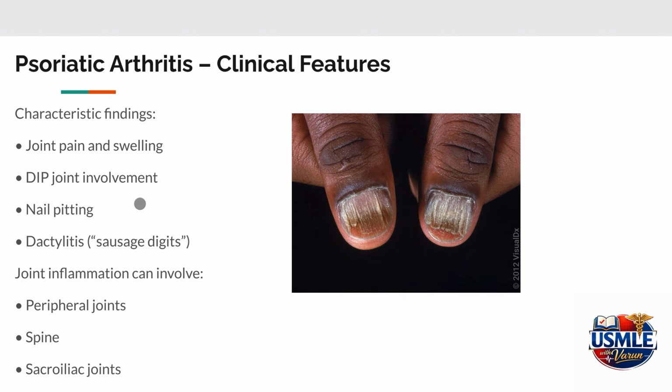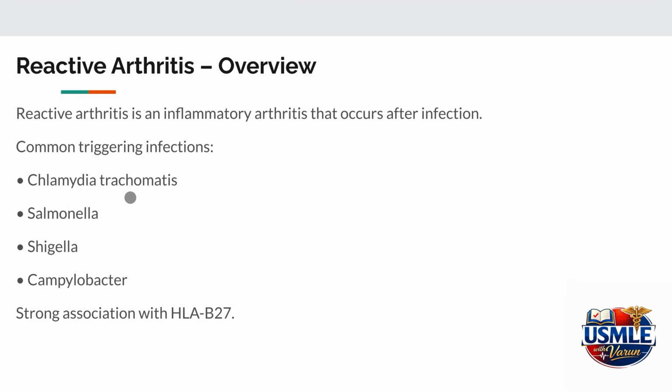Patients with psoriatic arthritis often present with joint pain, swelling, and stiffness. A classic sign is nail pitting, which reflects the involvement of the nail matrix. Another characteristic feature is dactylitis, which refers to diffuse swelling of an entire finger or toe. This gives the appearance of sausage digits. The disease may involve peripheral joints, the spine, and the sacroiliac joints.